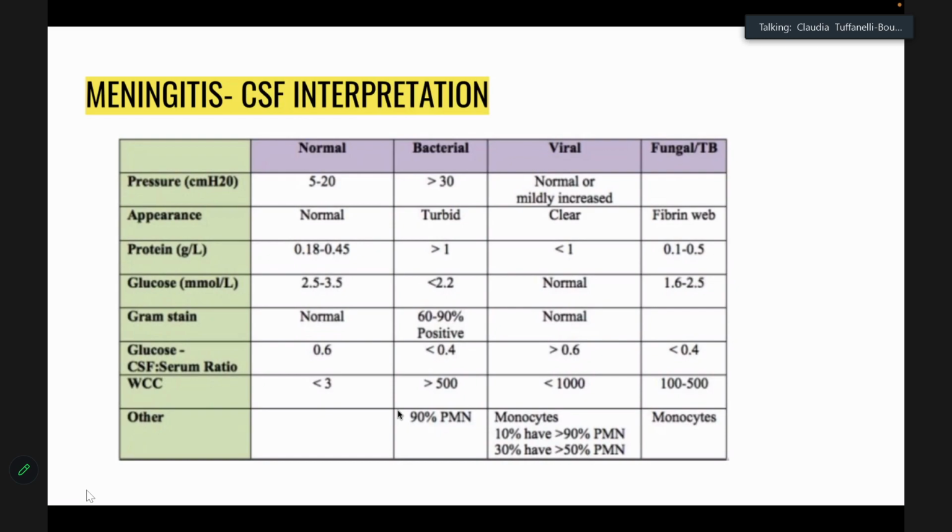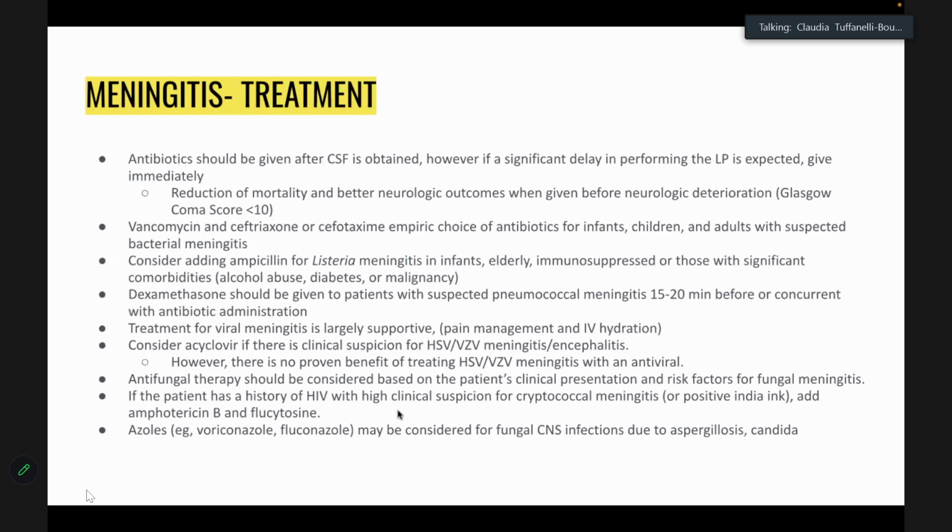So the treatment is antibiotics. Obviously, that's the most important thing that you're going to be doing for these patients. Depending on how long it takes you to get the cerebral spinal fluid, you can give antibiotics first.